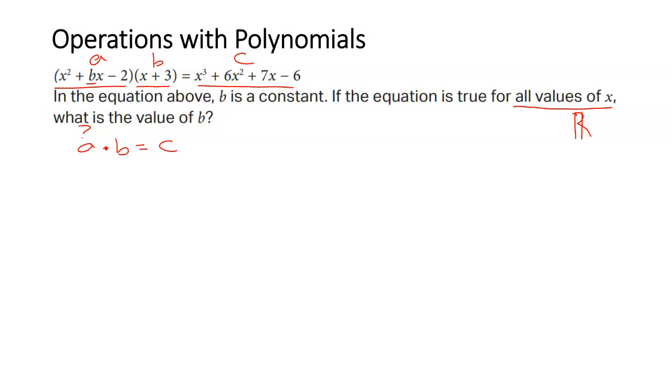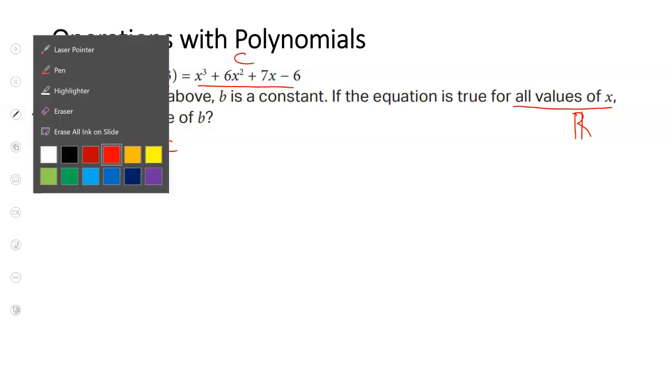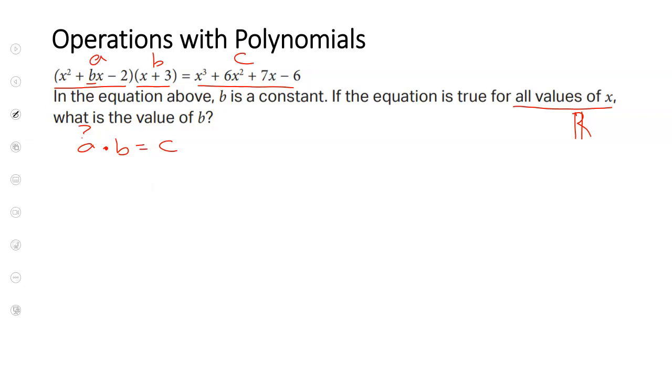But I don't have what a is, so I can't really multiply a and b to figure out if it equals c. But if we work backwards and think, if a times b has to equal c, then c divided by b has to equal a.